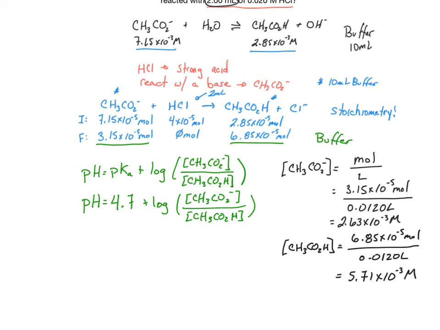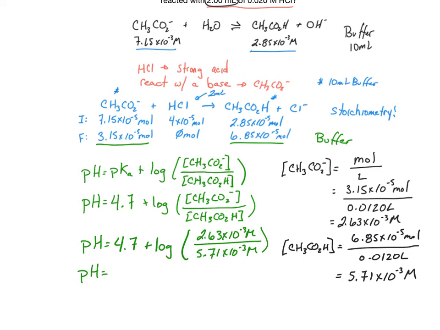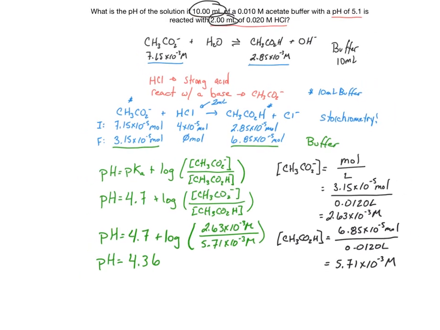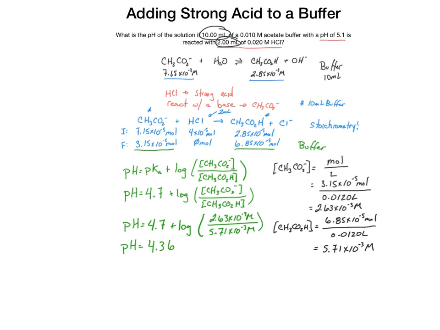And so now I have the values that I need to plug into the Henderson-Hasselbalch. pH equals 4.7 plus the log of the concentration of my base, 2.63 times 10 to the minus 3 molar, divided by 5.71 times 10 to the minus 3 molar. And so my pH is equal to 4.36.